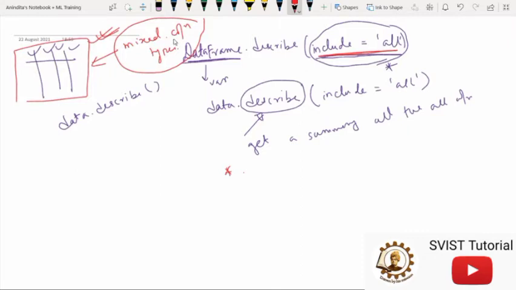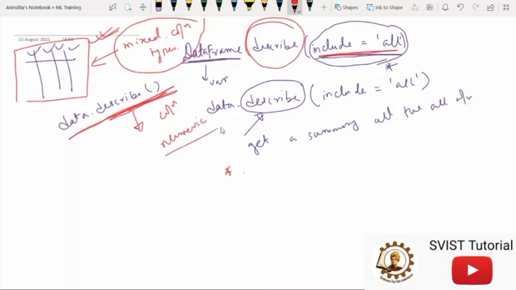And I will tell you one point, the default behavior, meaning where this describe function will work. Whenever you write the describe function like this, it will work only on columns that have numeric values. So my point is, if your data frame has columns with only numeric values, integer or float, then you can use this kind of syntax.